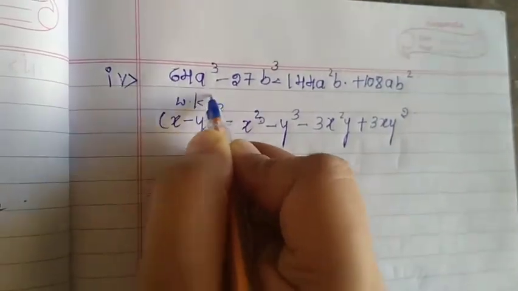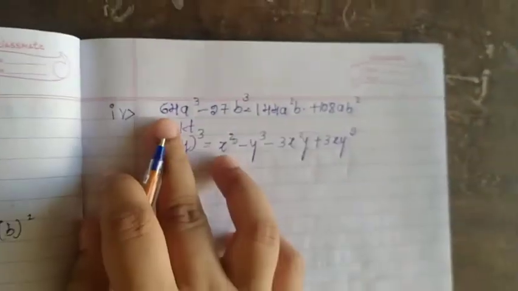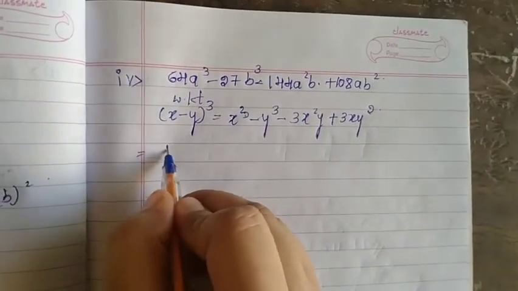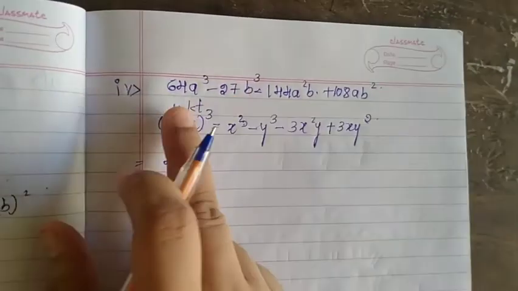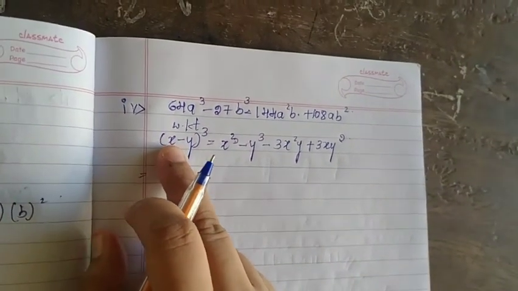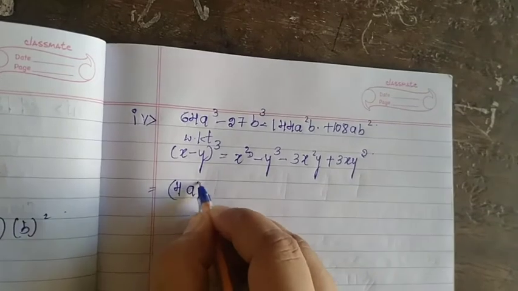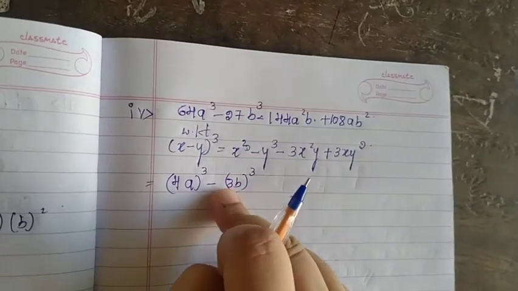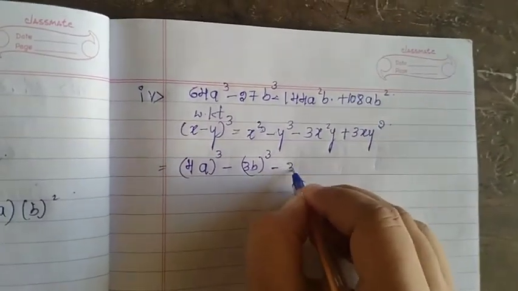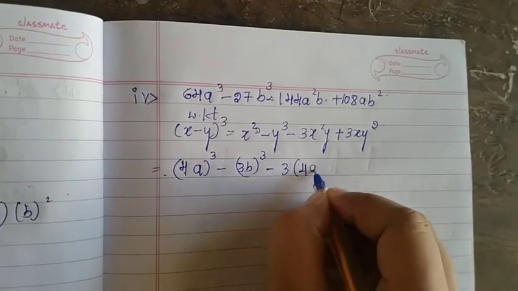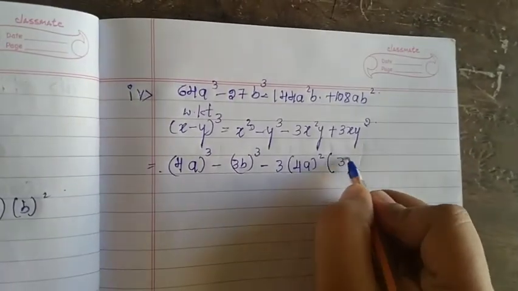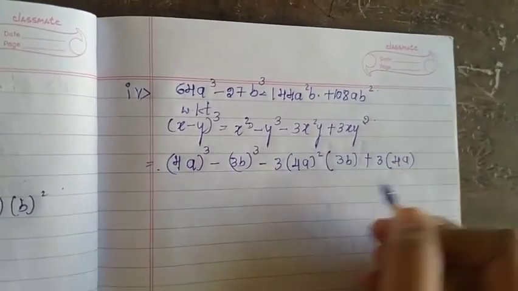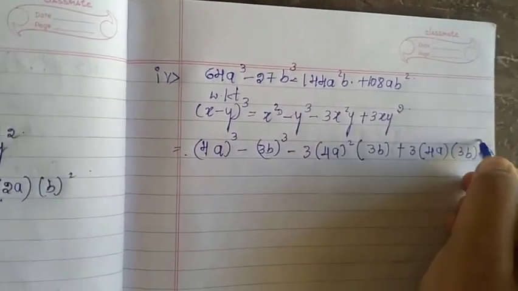So 64a cube: 64 is the perfect cube of 4, because 4 4s are 16, 16 4s are 64. So we write 4a the whole cube minus 3b the whole cube, because 27 is the perfect cube of 3. Minus 3 into 4a the whole square into 3b plus 3 into x, which is 4a, and y, which is 3b, so 3b the whole square.